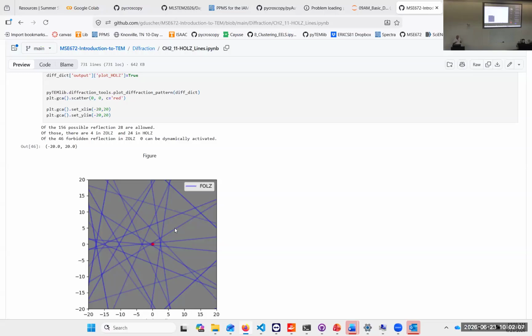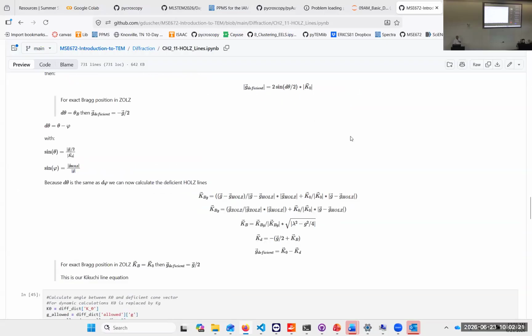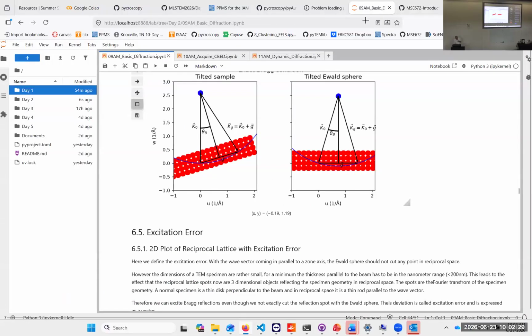So there's a lot of things going on in diffraction, and we cannot handle it all through. It takes me about half a semester to go through the basics of that. So I'll refer you back to this GitHub page here.